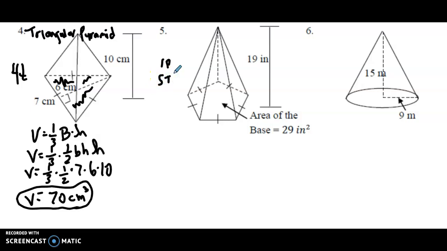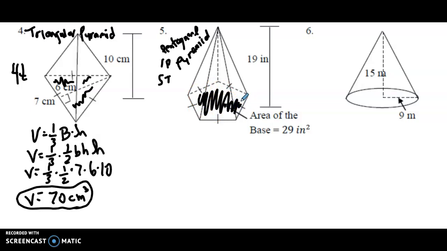This is a pentagonal pyramid. And again, the one with 1 is always our base shape. So our base shape here is the pentagon.